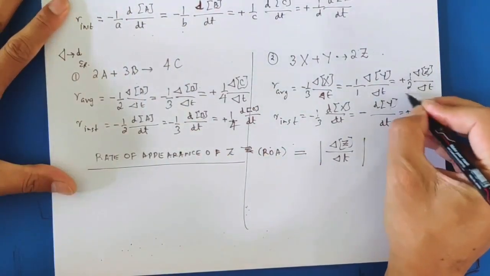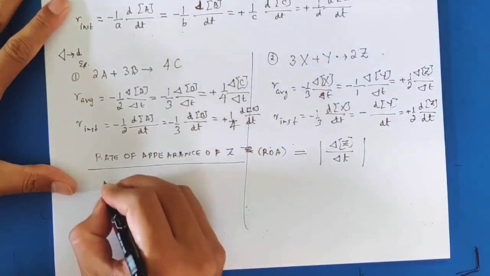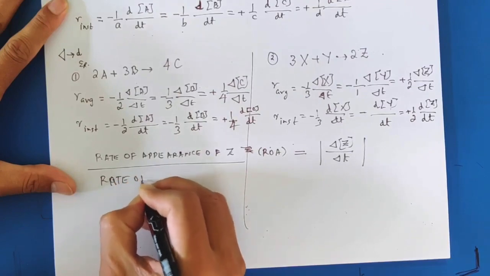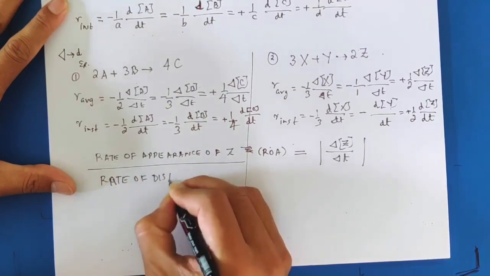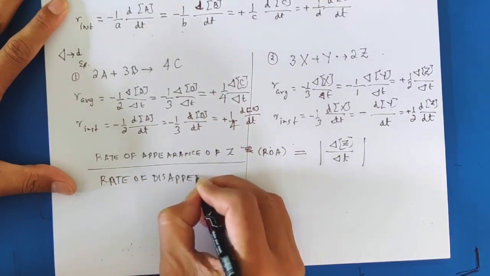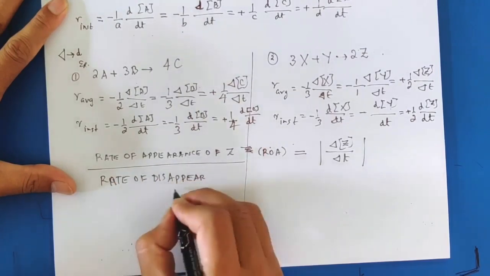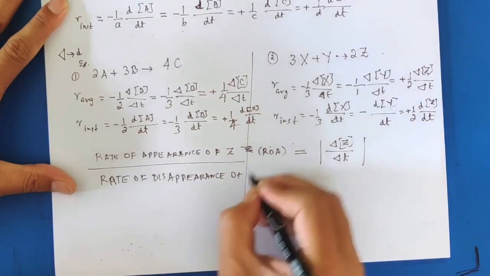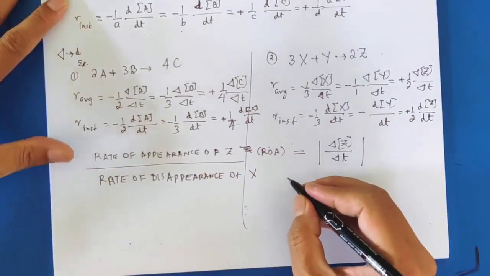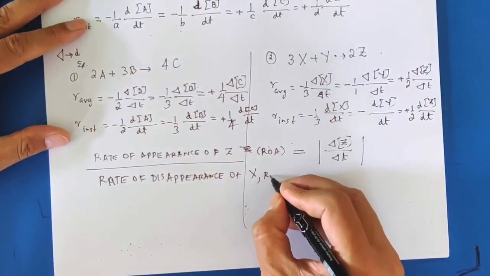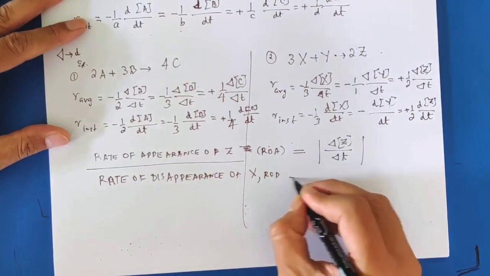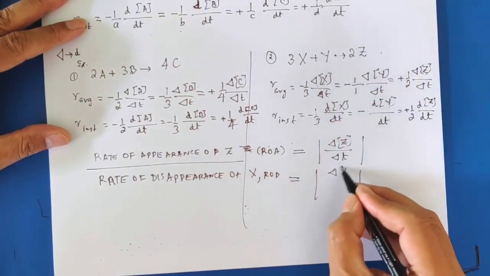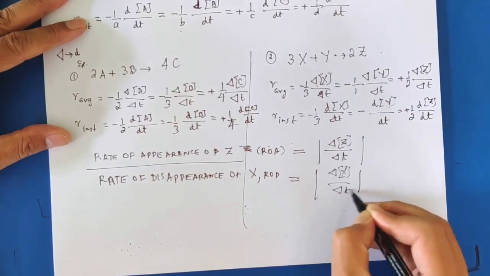Without the stoichiometric coefficient, and the rate of disappearance for reactants, we say the rate of disappearance of any one of them. For X, the rate of disappearance of X will be the modulus of del x by del t.